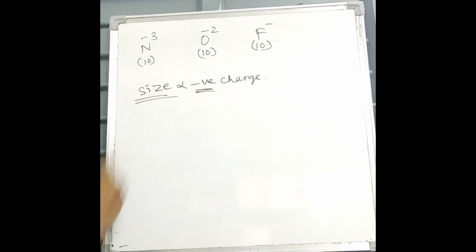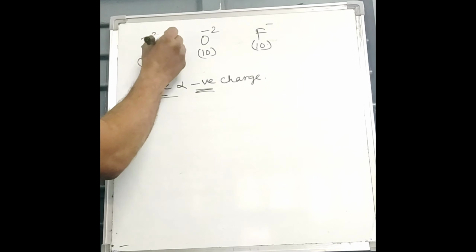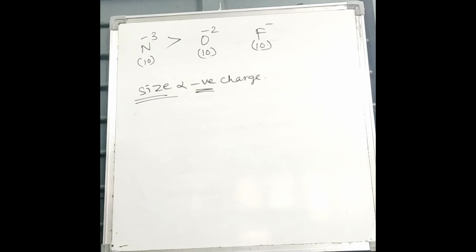So when negative charge increases, the size of the anion also increases. So here charge is more. Because charge is more, nitride ion is bigger in size than oxide than fluoride. Why?